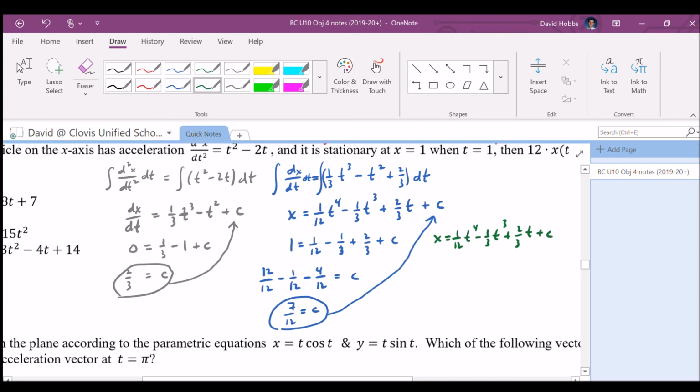Sorry, c, we already figured that out: 7/12.